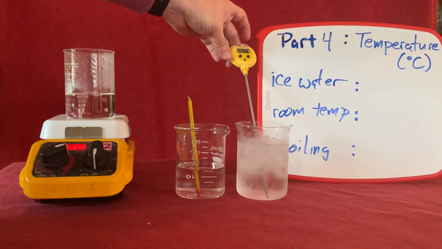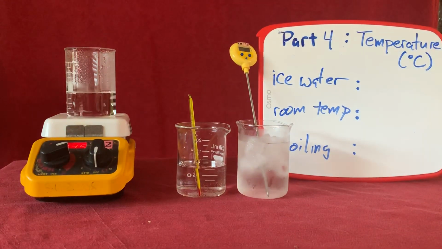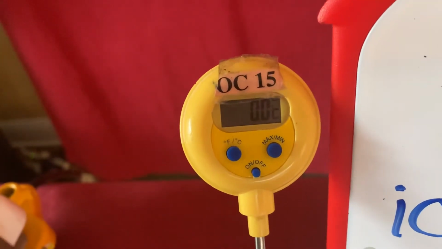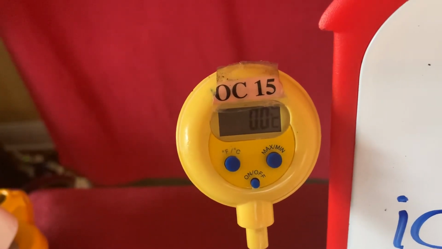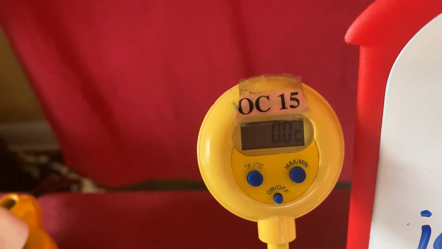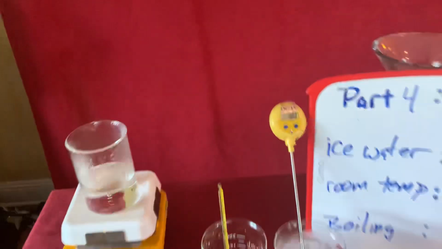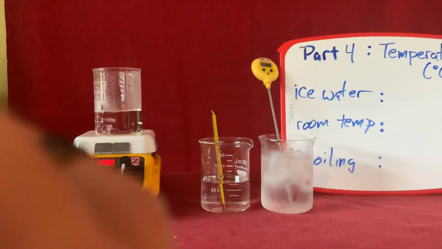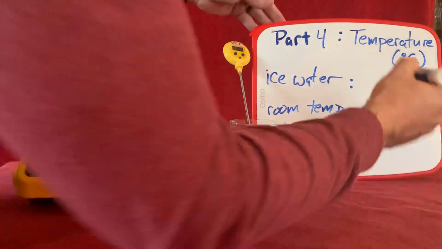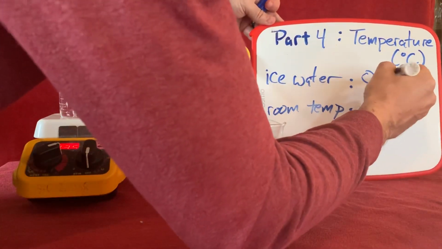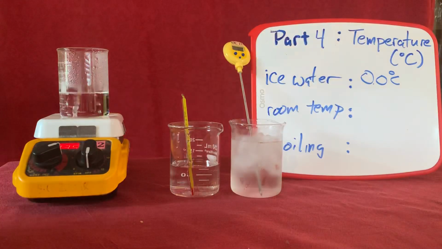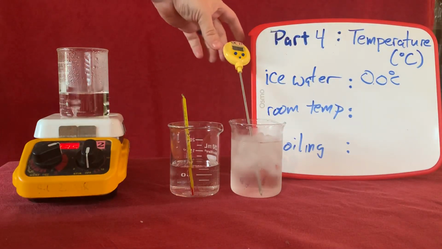Let's take a look at where it's at. As you might expect, we see here that we have a temperature of 0.0 degrees Celsius. Let's take a look at the room temperature water next.